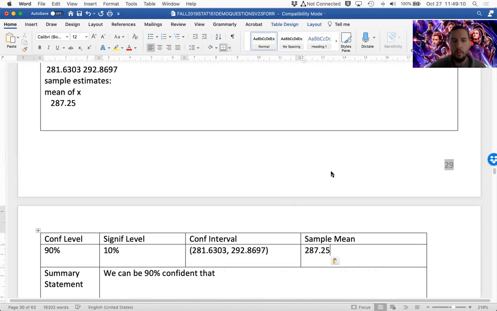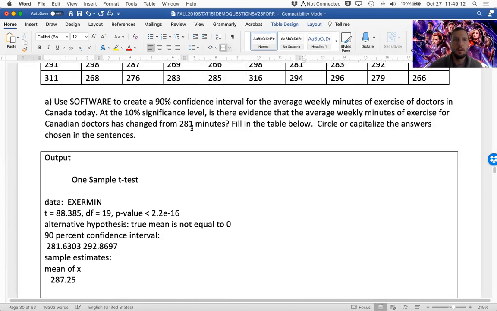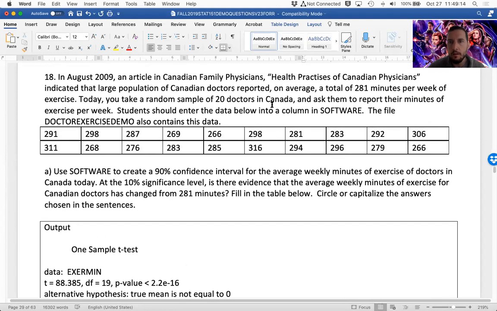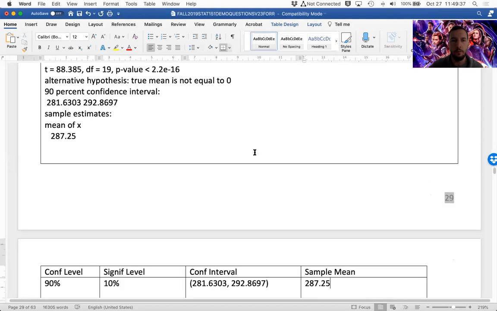So now what we can say is, what is this data showing us? This is their minutes of exercise per week of Canadian doctors. In 2019 an article indicated that a large population of Canadian doctors reported a total of 281 minutes per week of exercise. We took a sample of 20 doctors and we recorded how much they exercise per week.